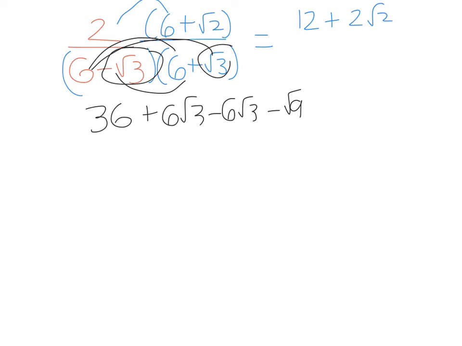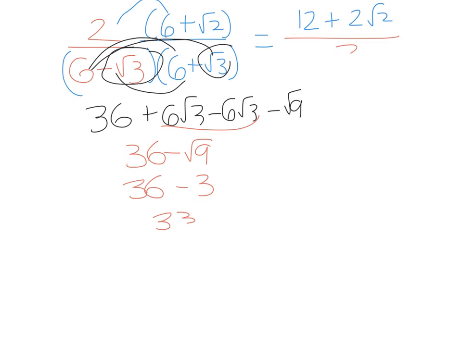The middle will cancel. I have 36 minus radical 9, which is 36 minus 3, which gives me 33 on the bottom. And this is the answer to simplifying that original problem. Not easy, so let's do another one.